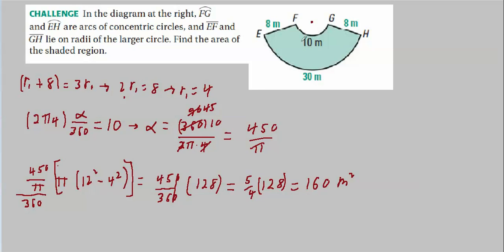Cut the radius by 1/3, then cut the arc length by 1/3. Which is exactly what happened here. We decided that this had to be 1/3 of the whole thing. So if we make this 4, the whole thing is 12, and this is definitely 1/3.